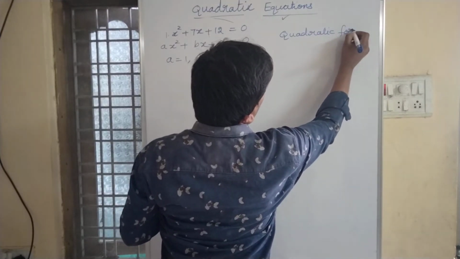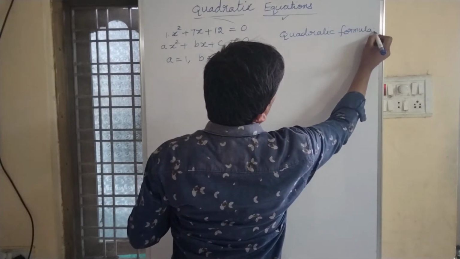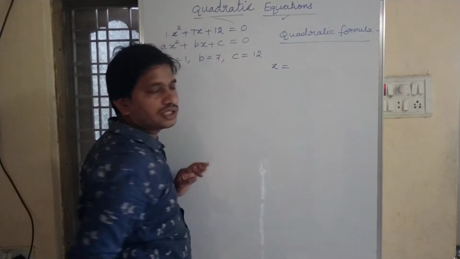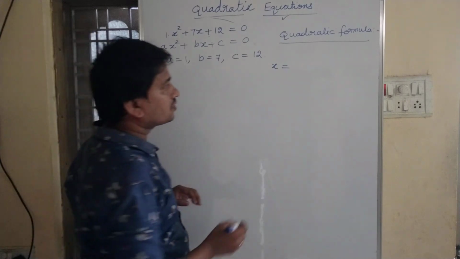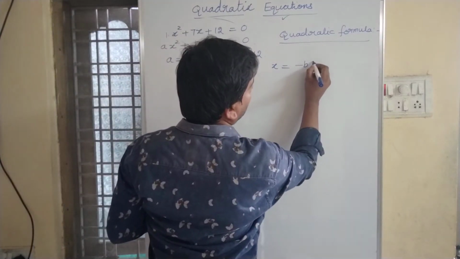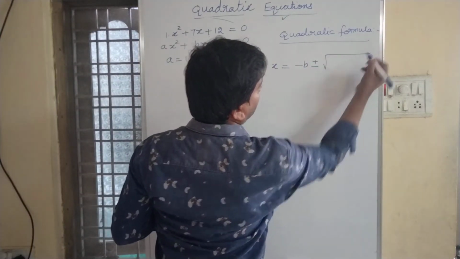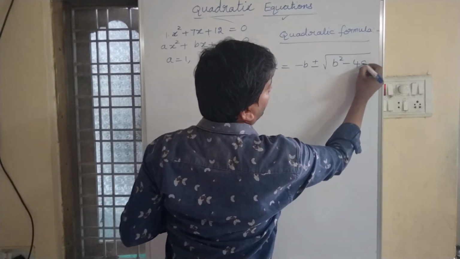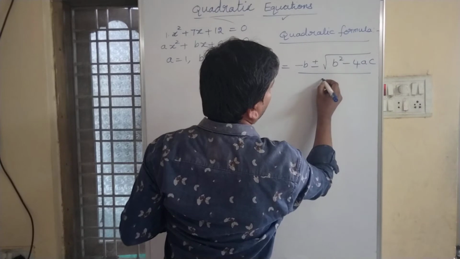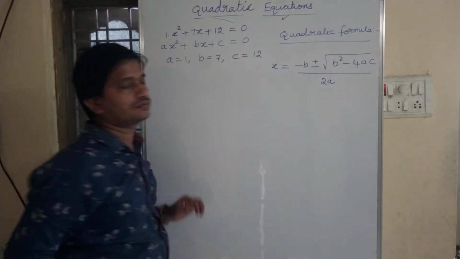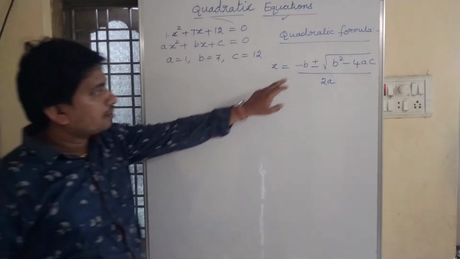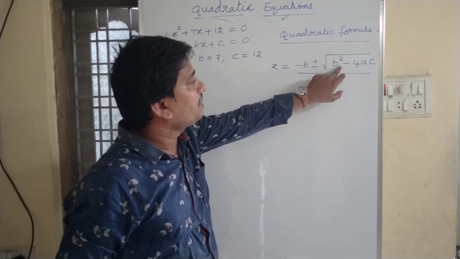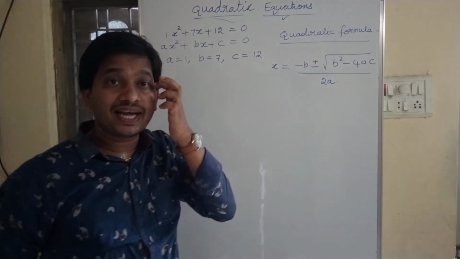So children, what is the quadratic formula? To find the roots of a quadratic equation, we have the formula x is equal to minus b plus or minus square root of b square minus 4ac by 2a.